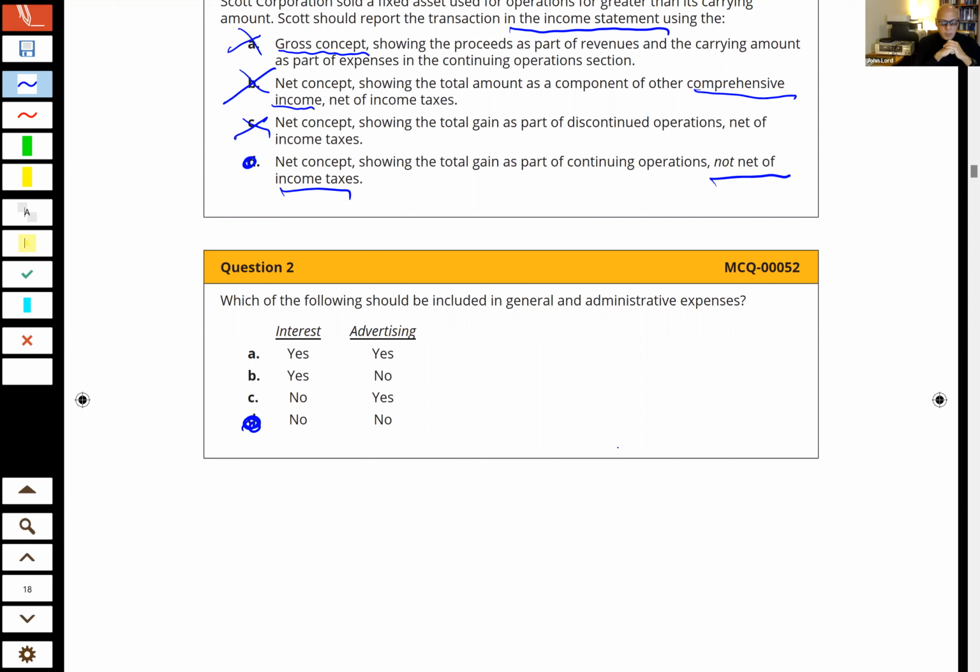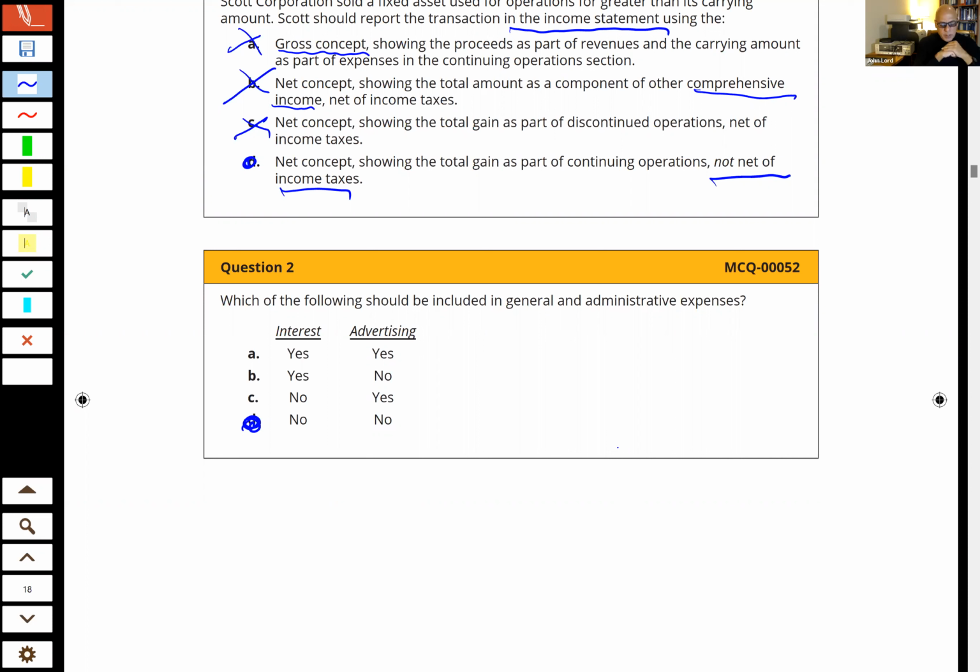Well, any entity that is coding interest as a general and administrative expense would, to me, have to be some sort of financial institution where that's their day-to-day. And what happens is FASB doesn't really get in your face and say you have to show these things. So it would depend on the nature of the entity.